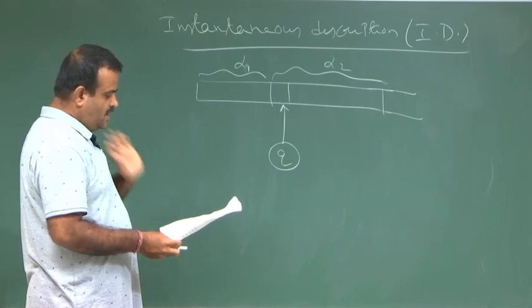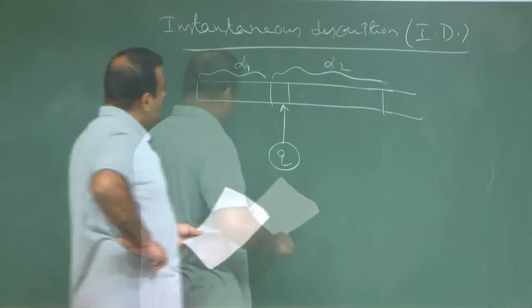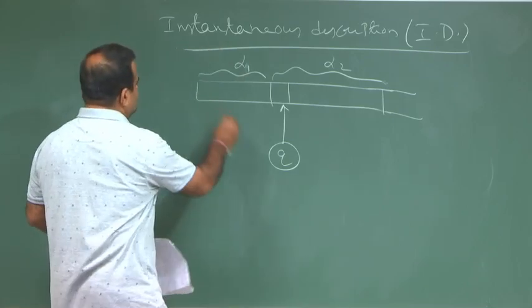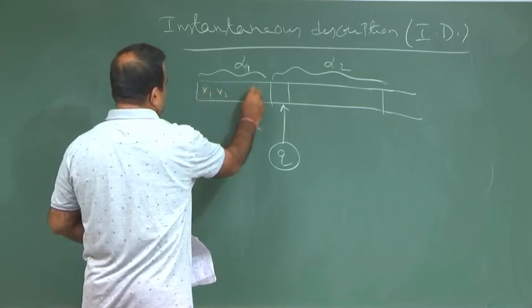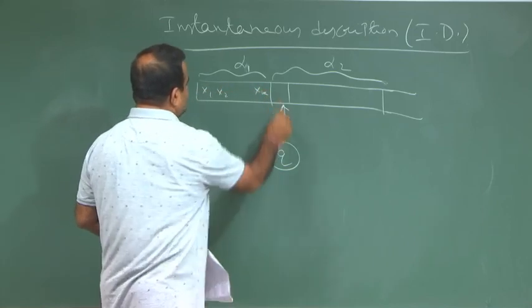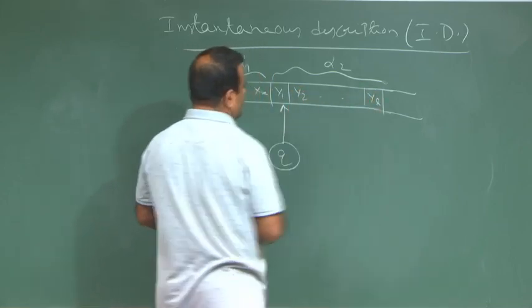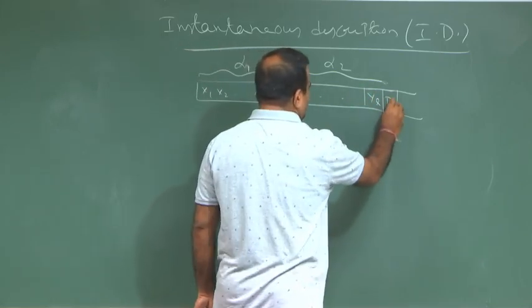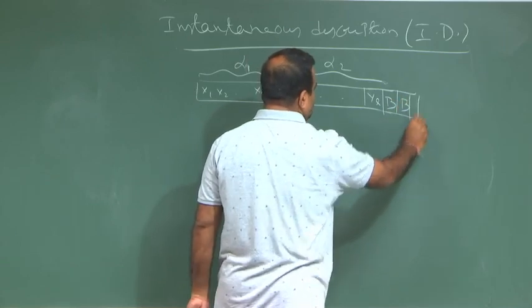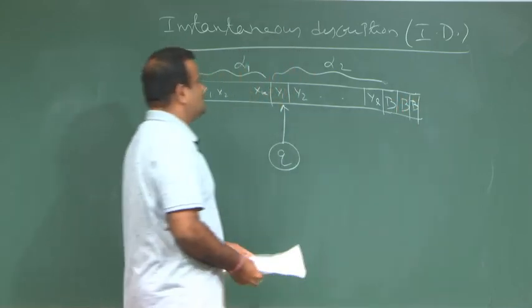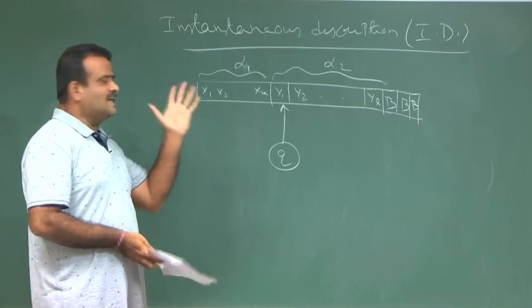We have x 1, x 2, up to x k, and then y 1, y 2, up to y l, and then we have blanks. No symbol means we refer to it as a blank. We have the blank symbols.